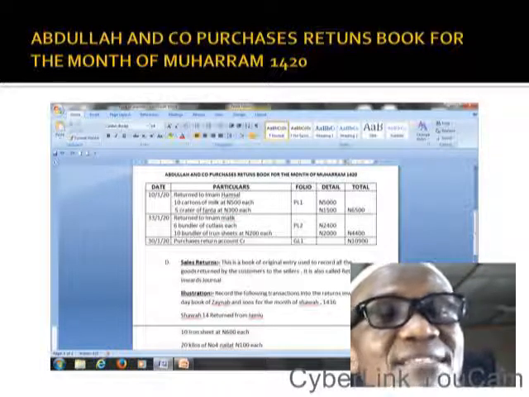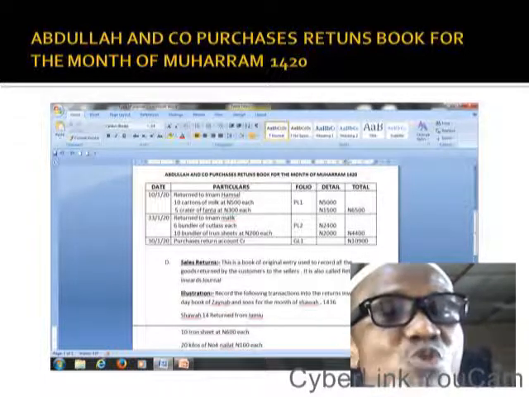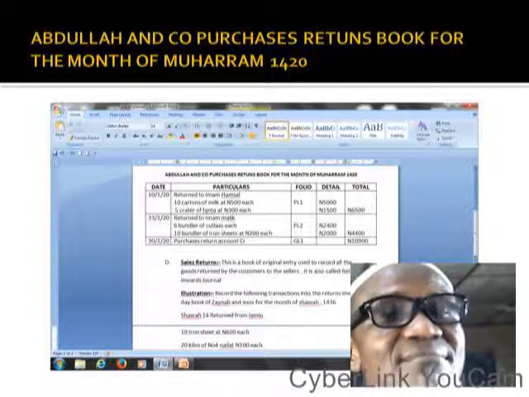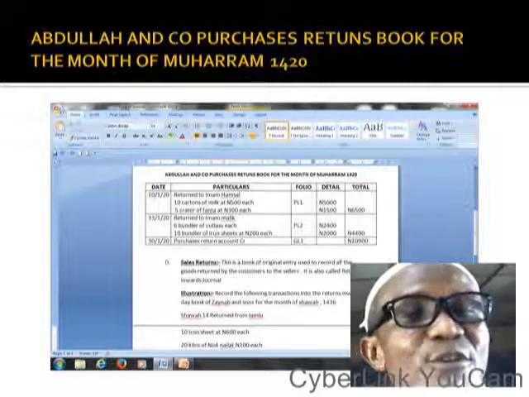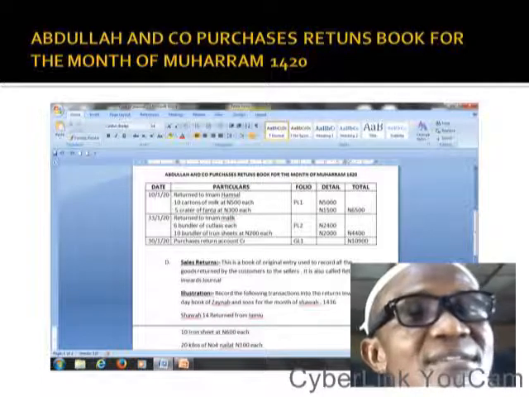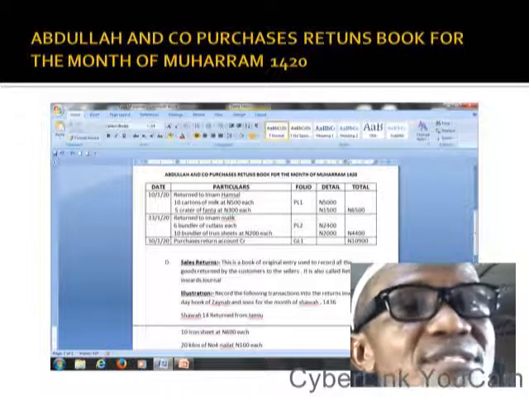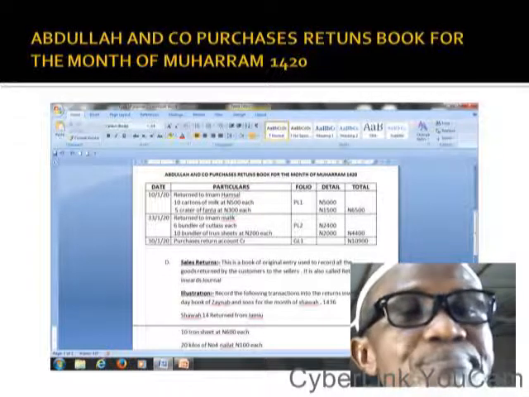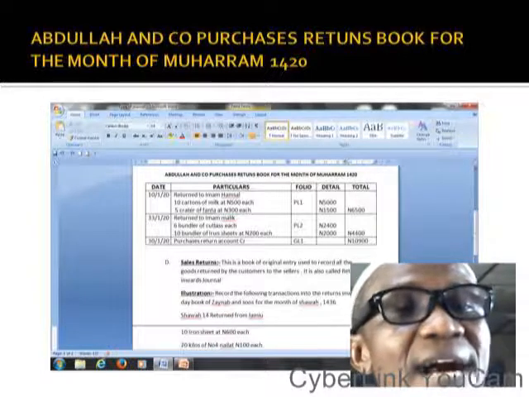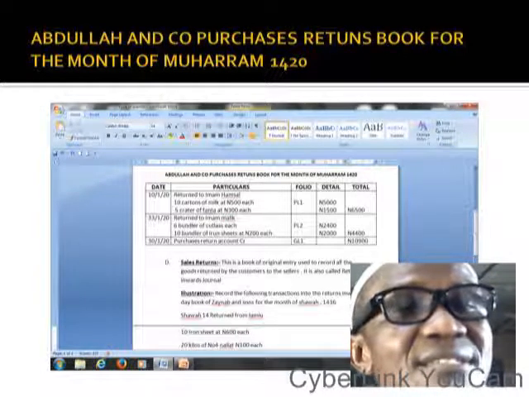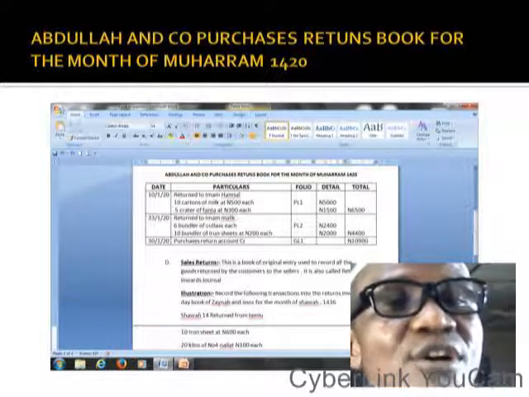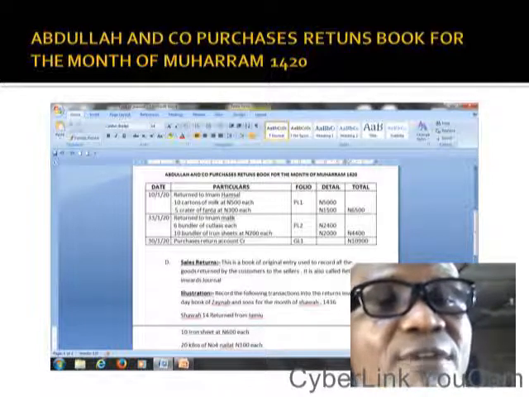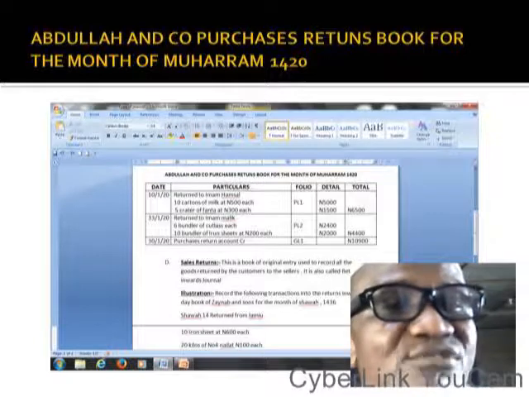You multiply that very number by the amount of the goods at that very time. Then the second one also, you multiply the number of goods by the amount, and it will now give you the total in the total column. For the second supplier, Imam Malik, he returned 6 bundles of cutlass at that rate.